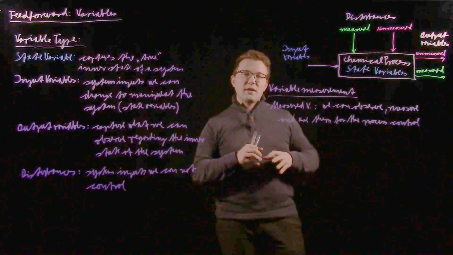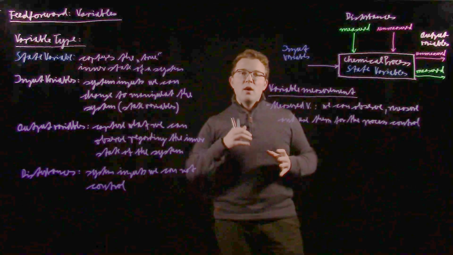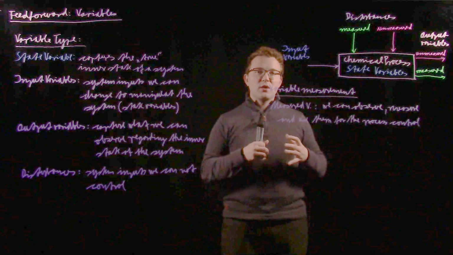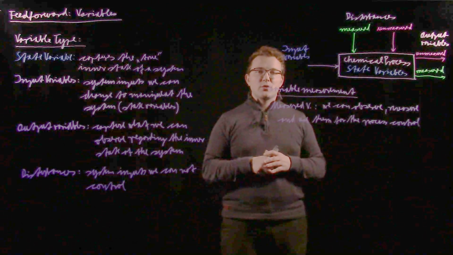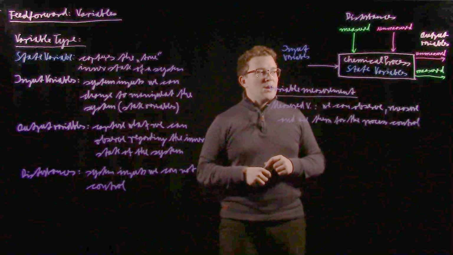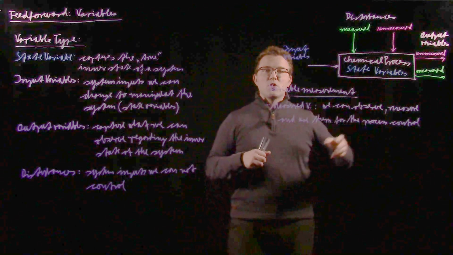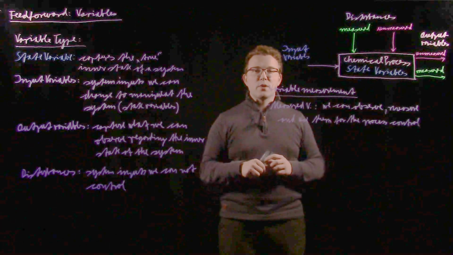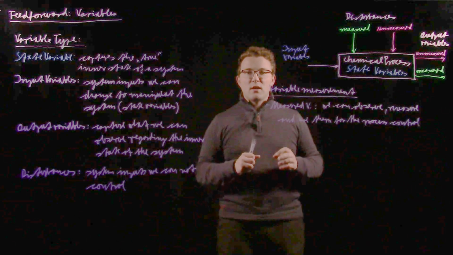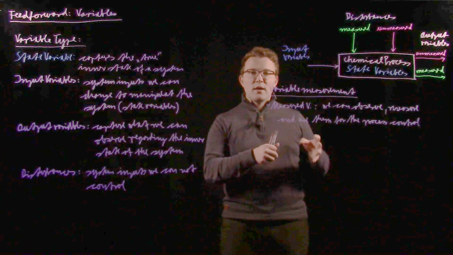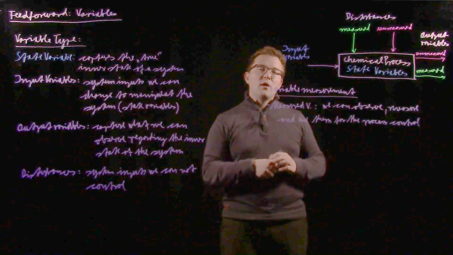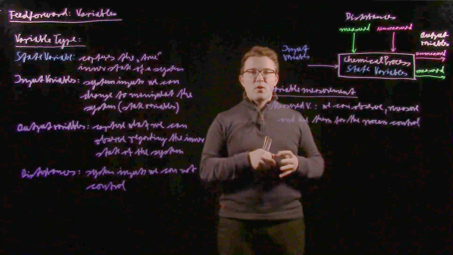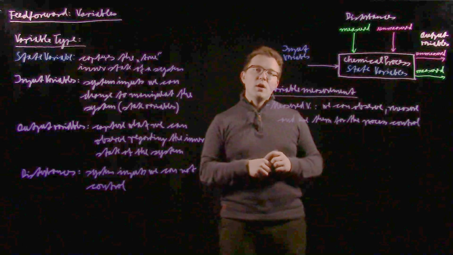So therefore you know, okay, there is this kind of a disturbance, but you don't know which exact precise value this disturbance has, and therefore you can't really use it to control the process because you don't have a quantifiable value to work with.